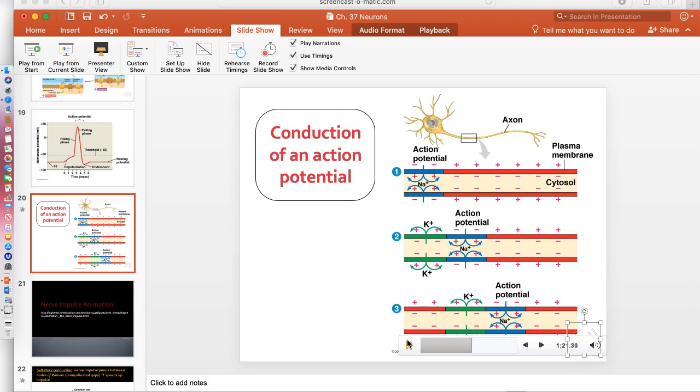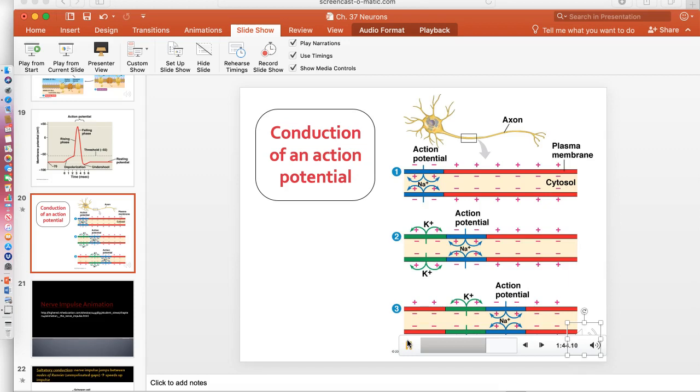So now the sodium channel has opened up, and to balance out and get the cell back to the membrane resting potential, potassium moves through, getting that normal negative on the inside.